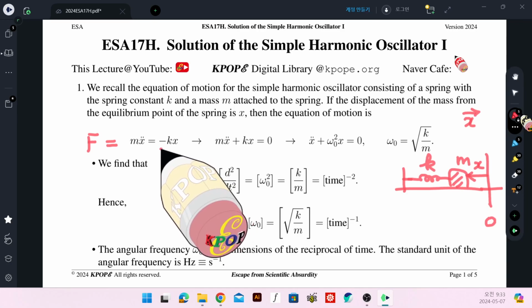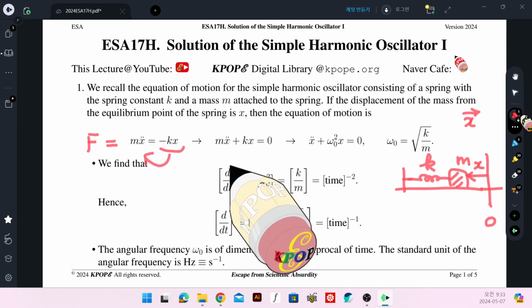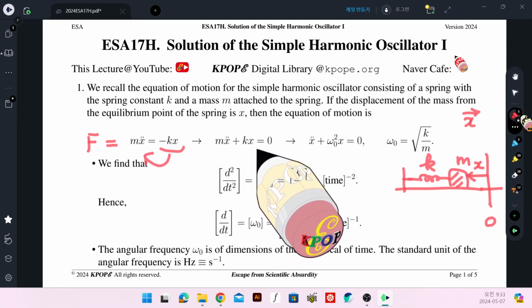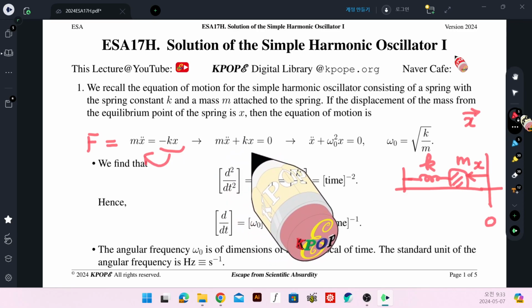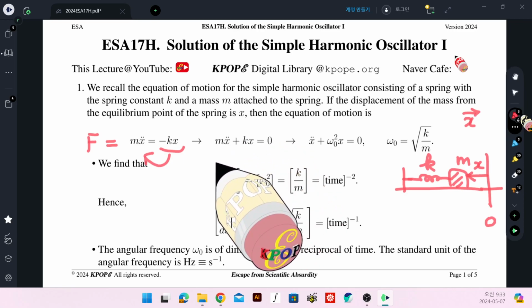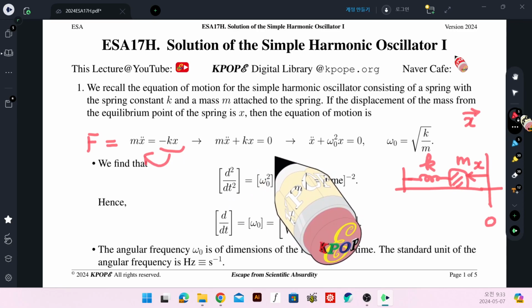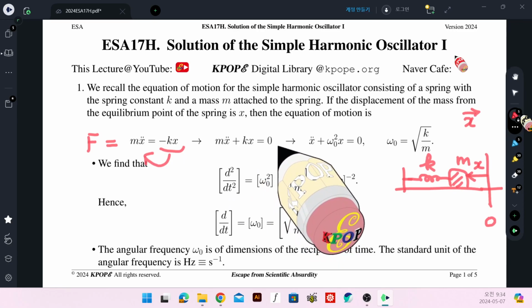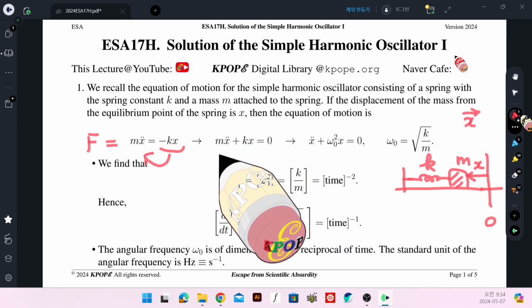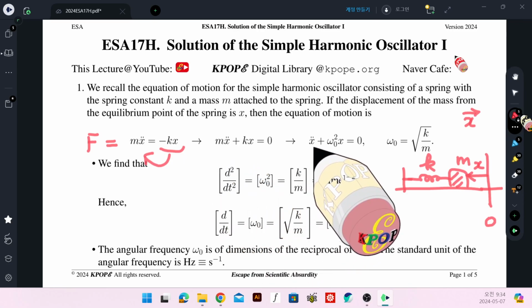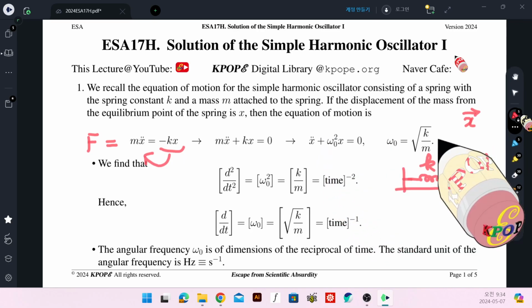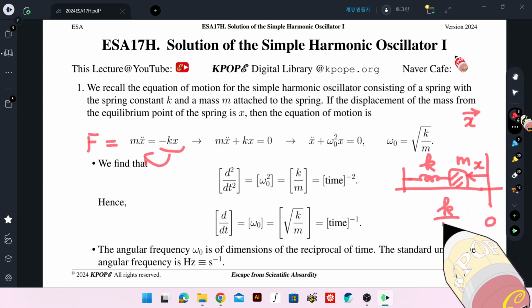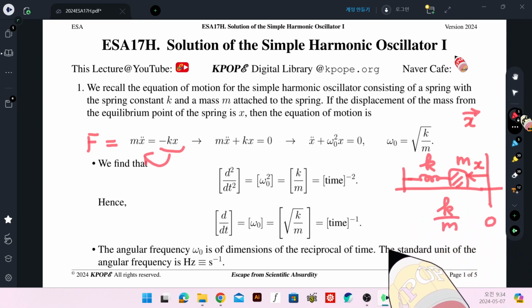We can move this to the left-hand side. Then the sum of ma, mass times acceleration, and kx should be 0. We divide both sides by the mass m to find the second order time derivative of the displacement plus k over m, which is a positive real number, times the displacement.